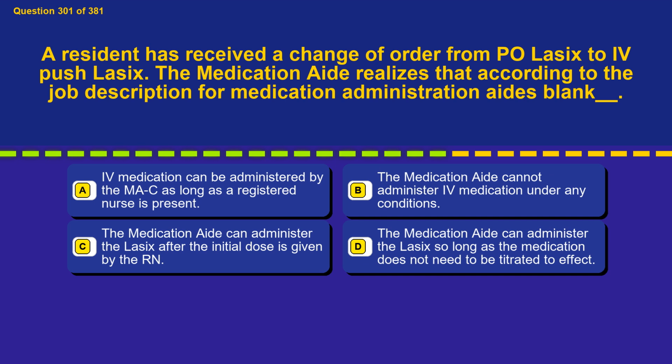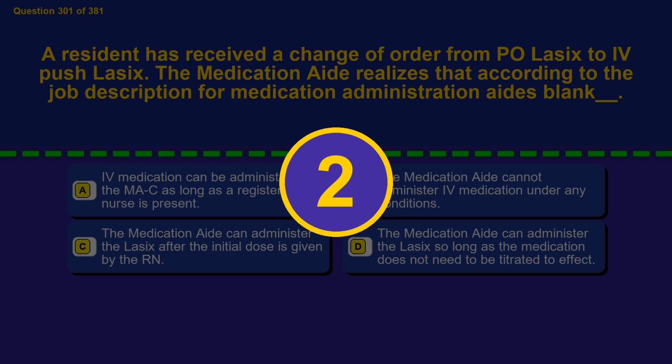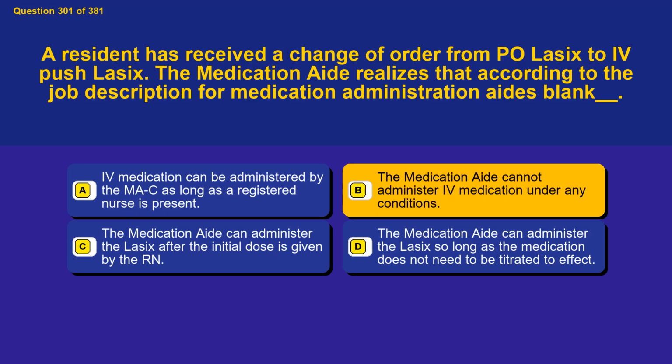Option C, the medication aide can administer the Lasix after the initial dose is given by the RN. Option D, the medication aide can administer the Lasix so long as the medication does not need to be titrated to effect. The correct answer is option B. The medication aide cannot administer IV medication under any conditions.